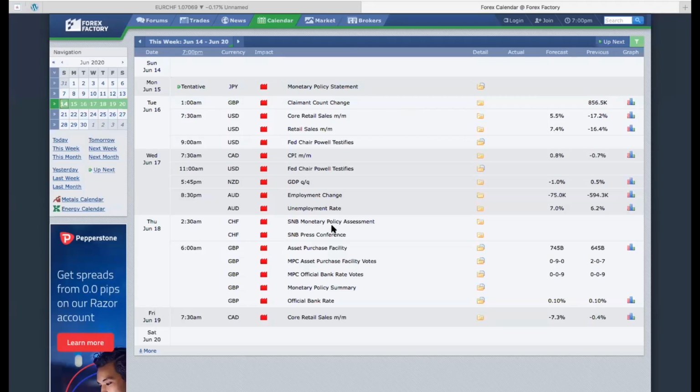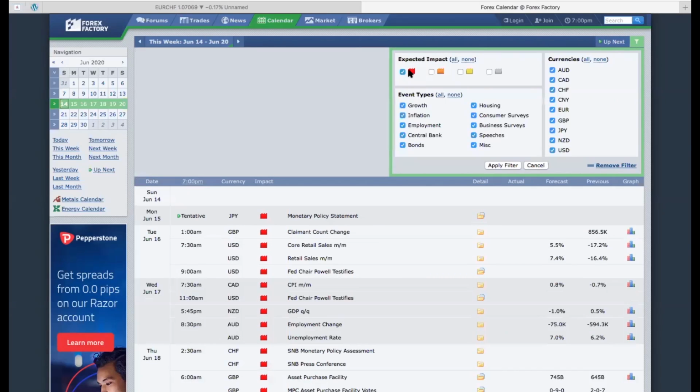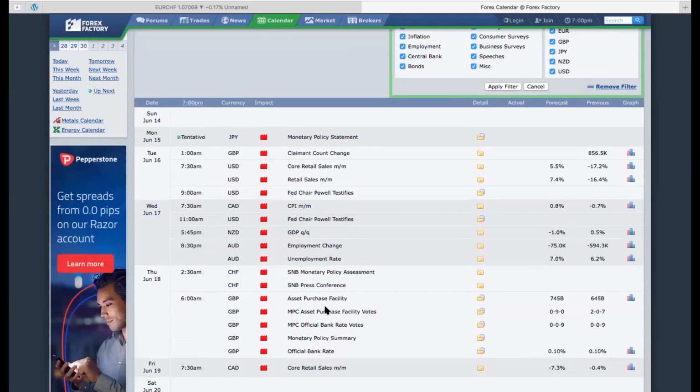Just be careful this week. Let me only show red folders. I traded USD, GBP. So Monday the only high impact news is Japanese. Tuesday, GBP and USD. Those are the ones I mostly trade.